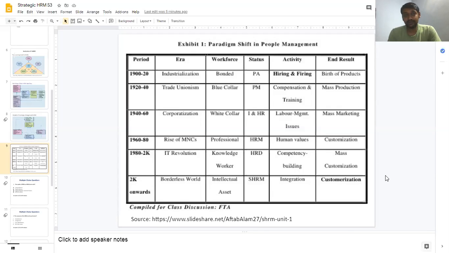Here the concept of HRD, human resource development, came up, and preference was given to competency building. You already have a certain skill set, and you will be given training so that your competency is built up, so that there is mass customization across the organization. Now, in the present, from 2000 onwards, we have a borderless world.